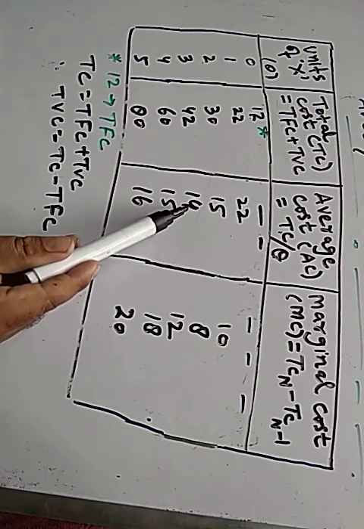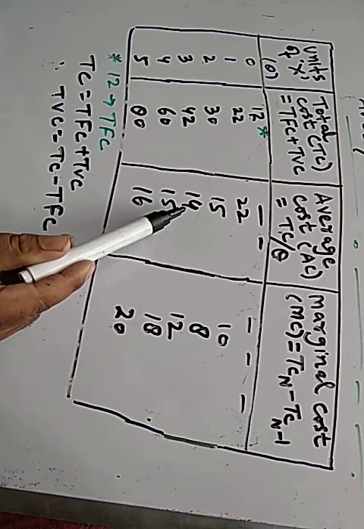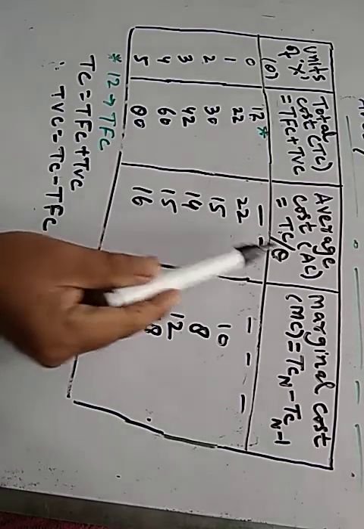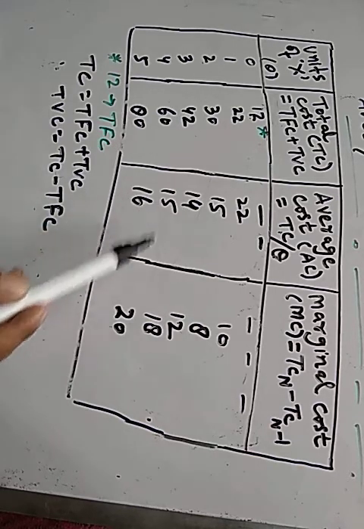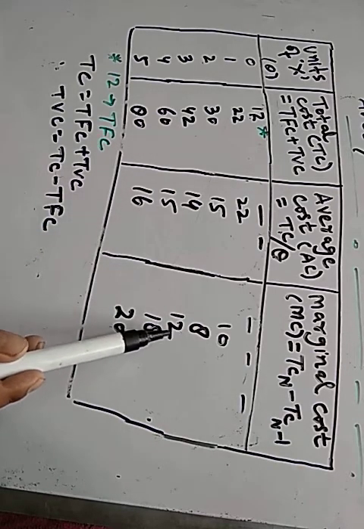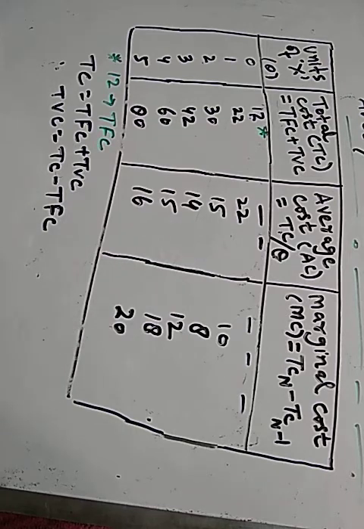And after reaching a particular level of output, average cost starts rising. It rises from 14 to 15 to 16. Marginal cost also increases from 8 to 12, 12 to 18, 18 to 20 rupees.